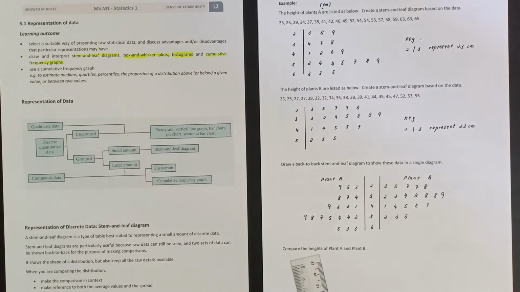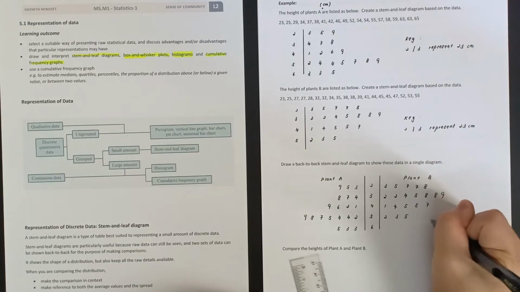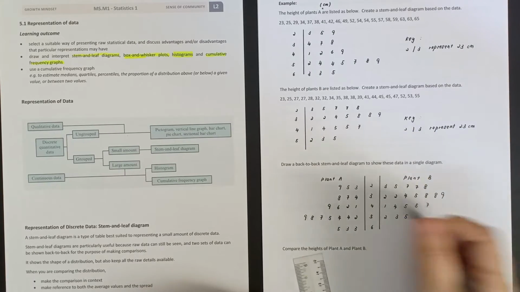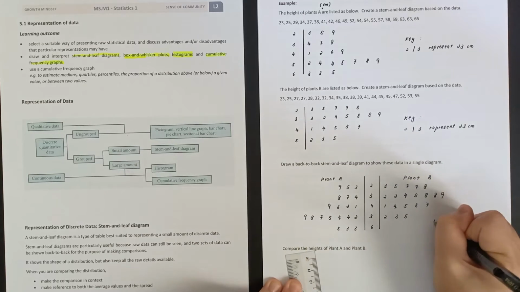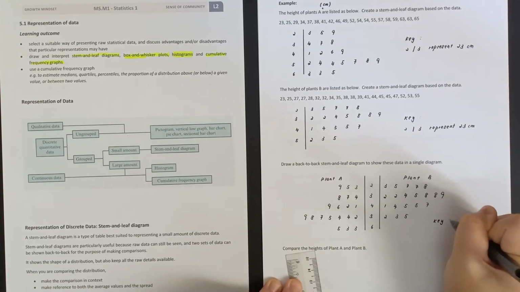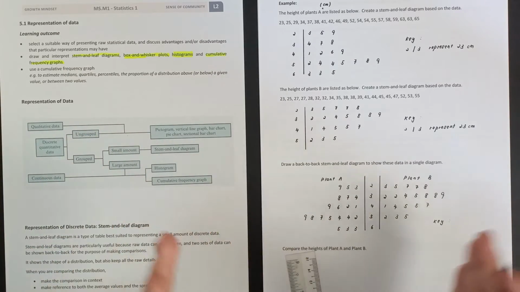Same thing, you need to write down your key. So for the key, let's write here. If you have space, you can write down here, okay? Your key now, because you are having left and right, you need to explain for both.